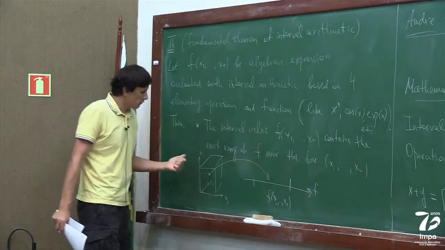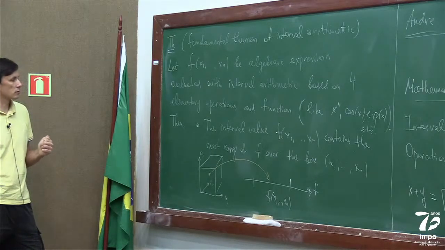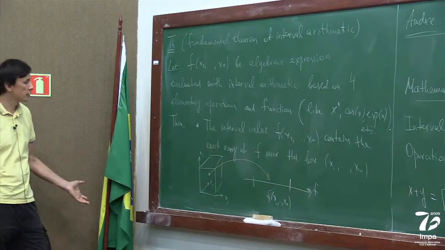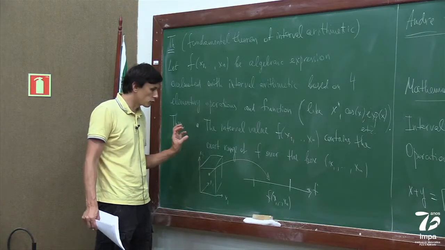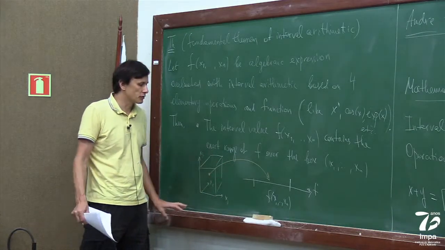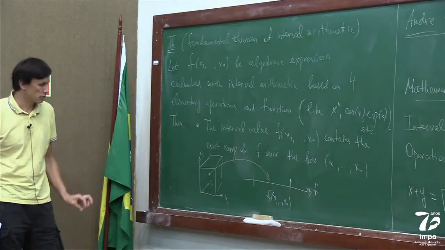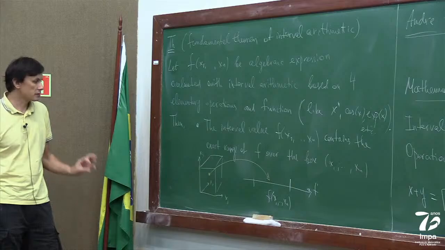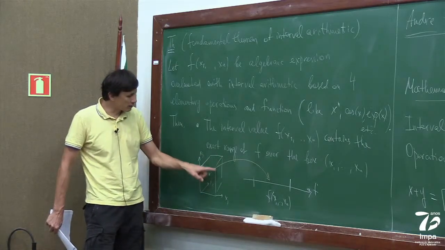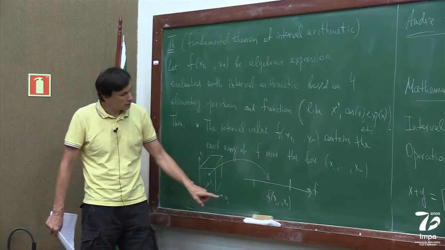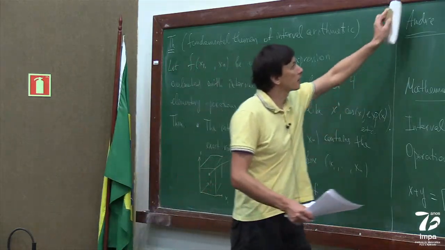But the power of this method is that since you have big computers, large memory, you can actually control very precisely the value of any real function by using small boxes. So this is essentially the idea, and this is rigorous. We know that no matter where inside the box we are, the value is certainly in this interval. So that's the first part.